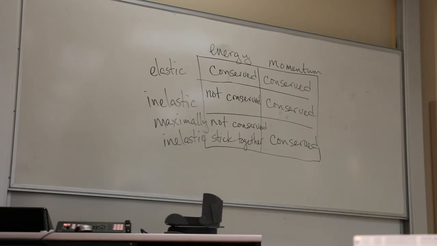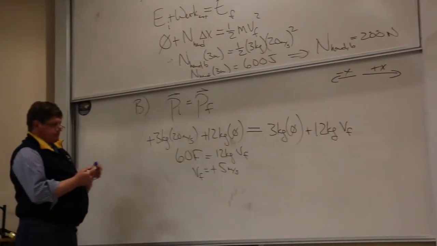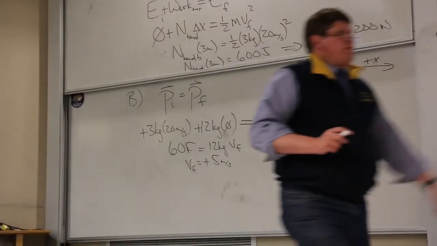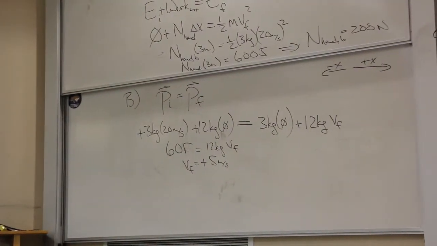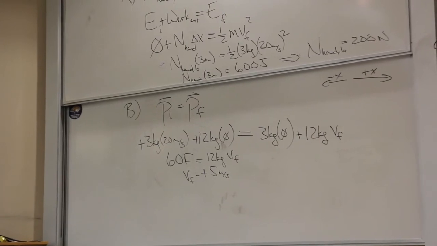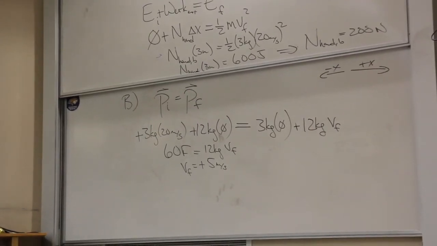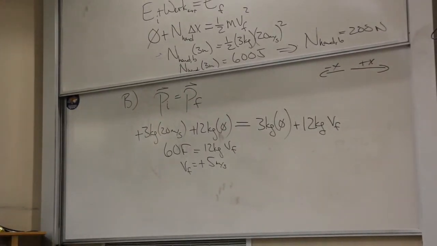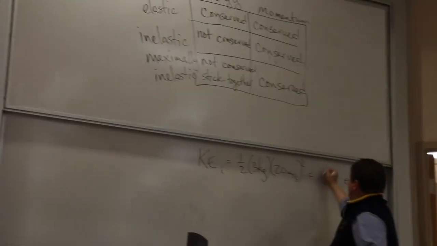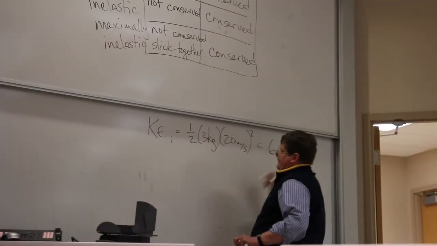Okay, so now, if I want to figure out what kind of collision this is, I have to figure out whether the energy is conserved. Well, before the collision, I have the little block moving at 20 meters per second, and that gives me 600 joules.